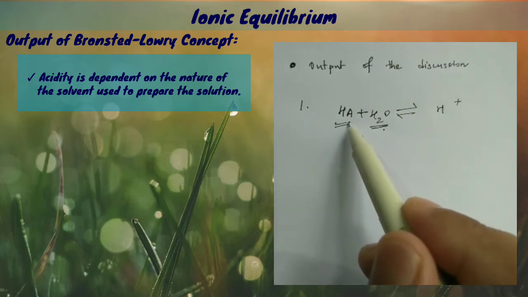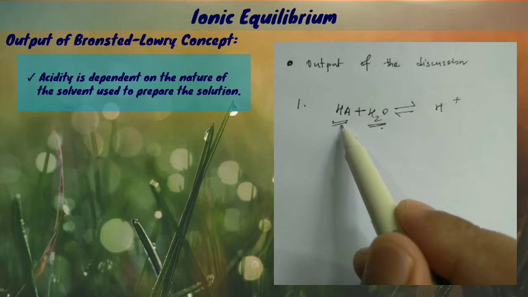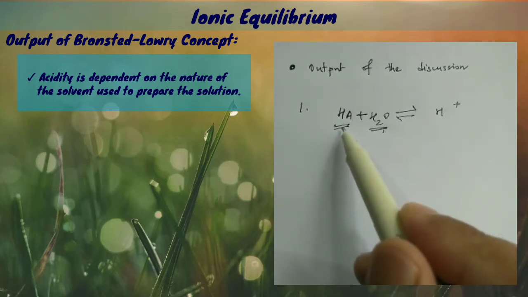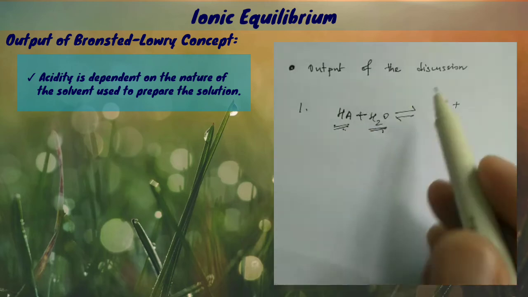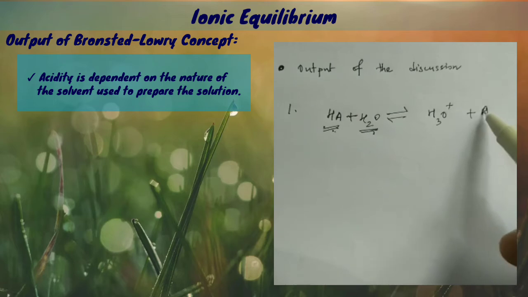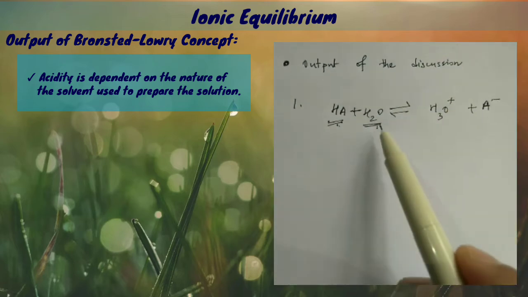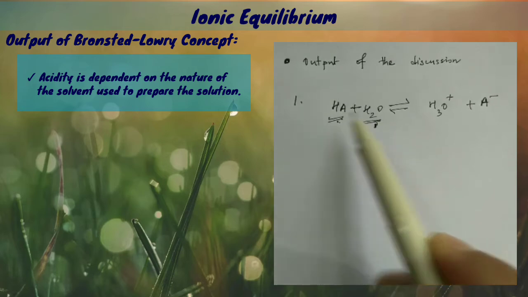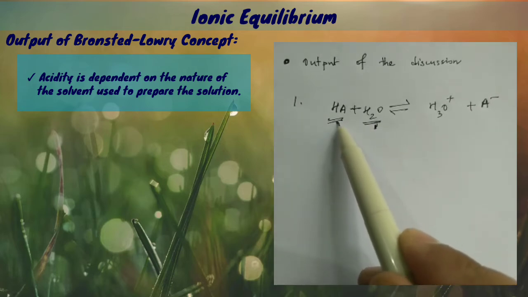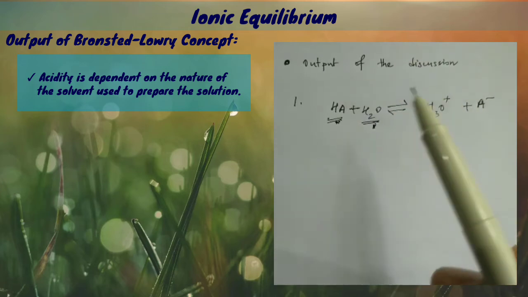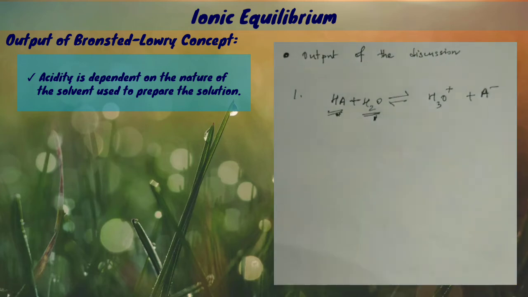Then HA will be an acid, because that other substance accepts the H positive ion to form H3O positive. So if the other substance cannot accept an H positive ion from HA, then HA will not act as an acid. Understand? So this is the concept.